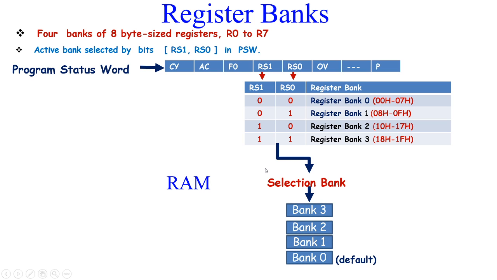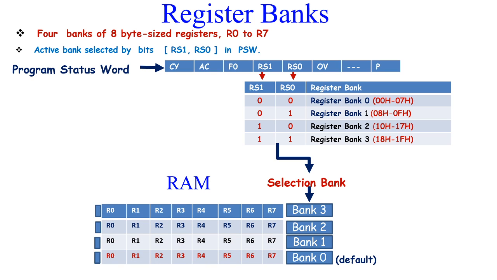So these are the banks, selected according to the PSW RS0 and RS1 bits.